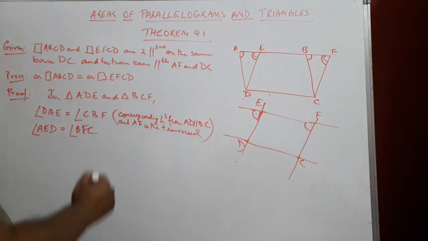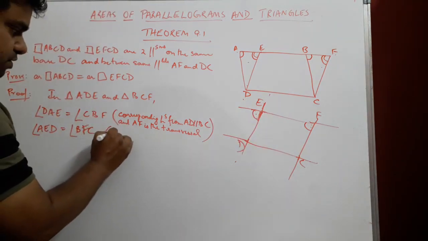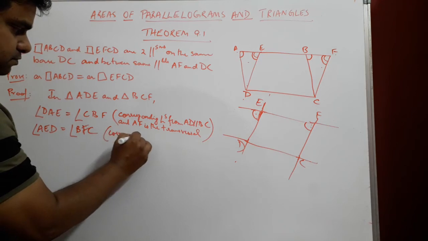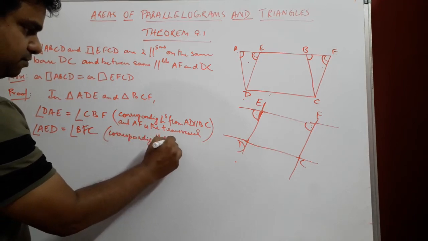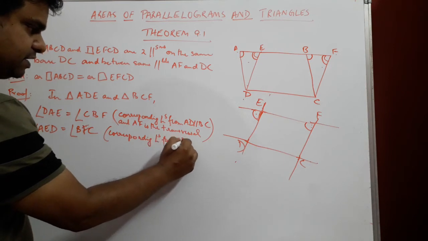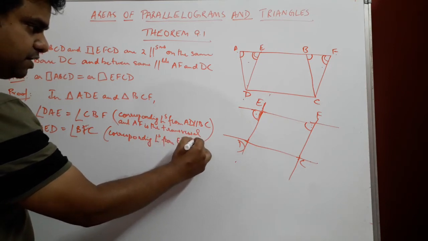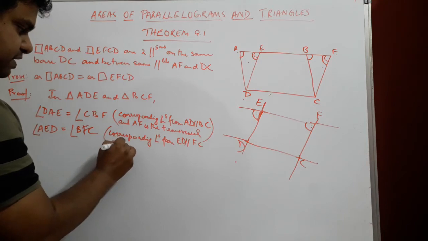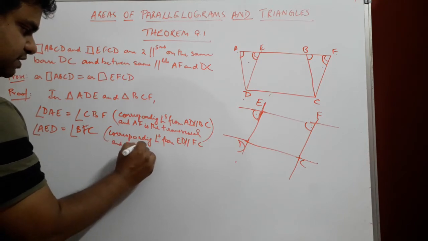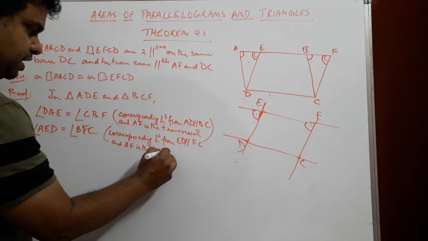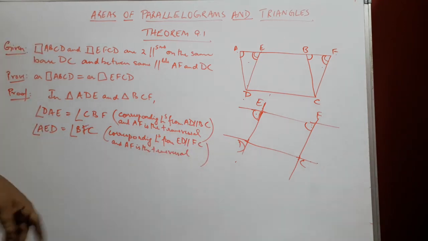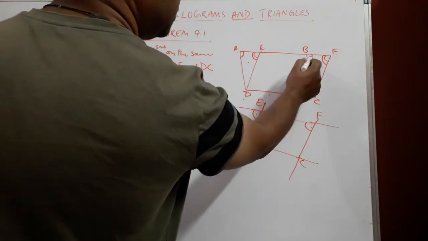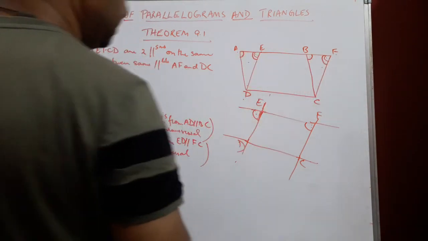Okay, so same thing we have to give over here, corresponding angles from ED parallel to FC, and AF is the transversal.